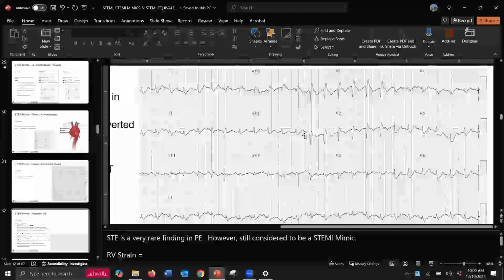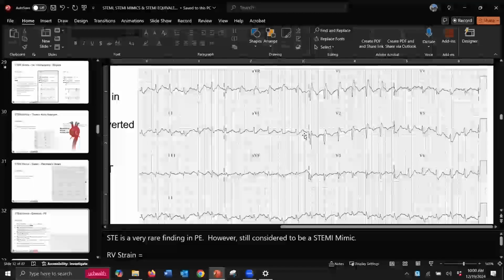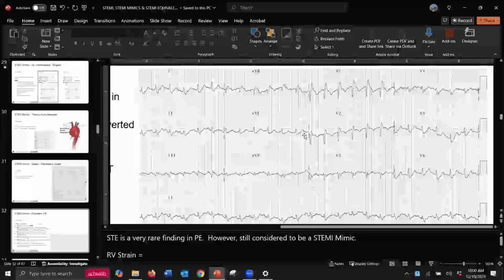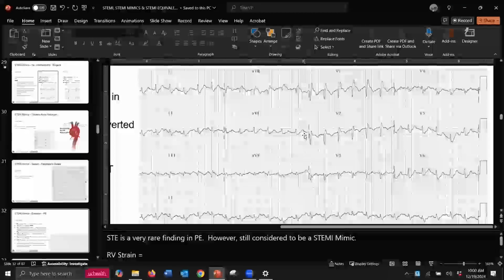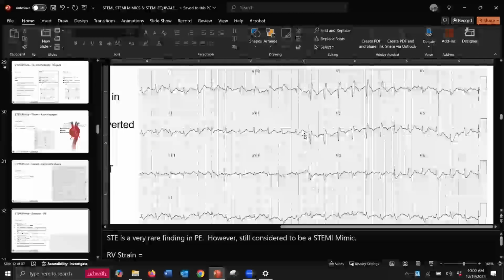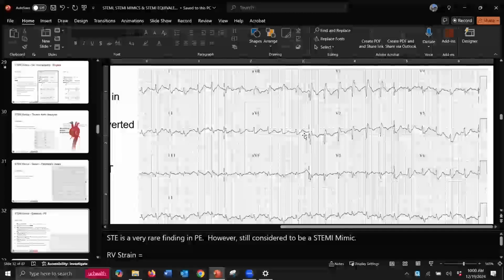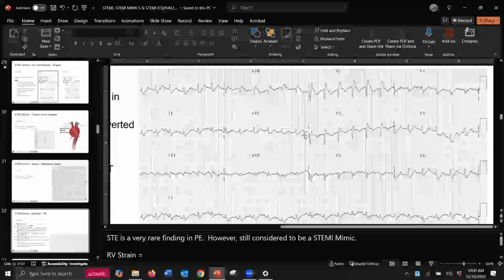But if we have enough pulmonary embolism in the lungs to make the right heart strain by pushing blood out against the pulmonary pressures, what would we also think is present in that EKG?